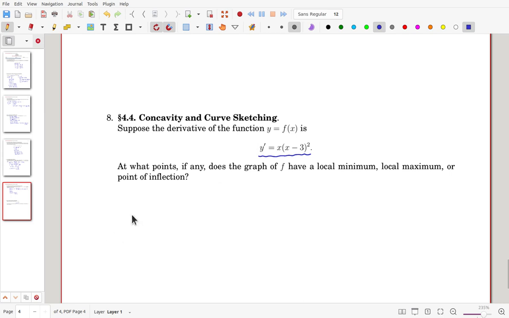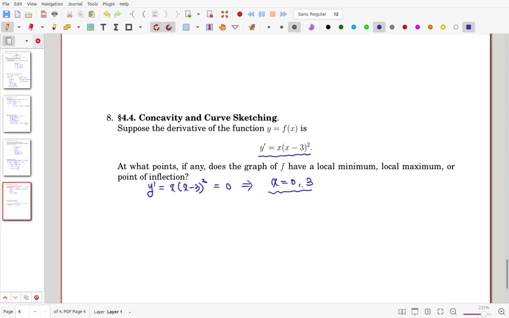Okay, first of all, here y prime is given as x times (x minus 3) squared. So if you set it to 0, then from here you can get x equals 0 and 3. That means that at x equals 0 and 3, local extrema can possibly happen.